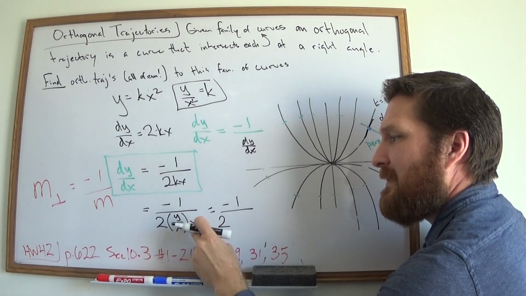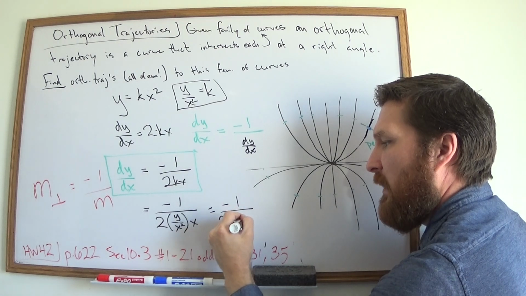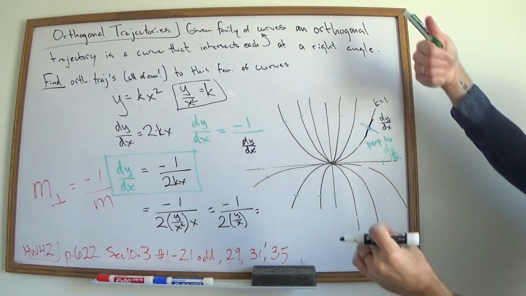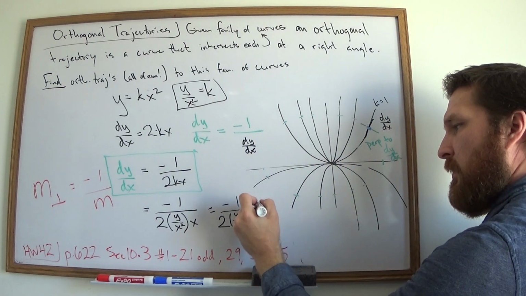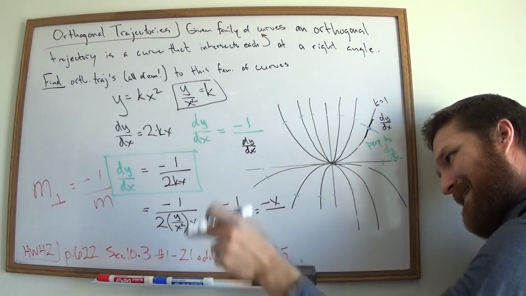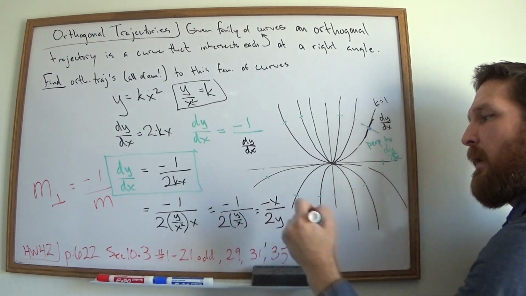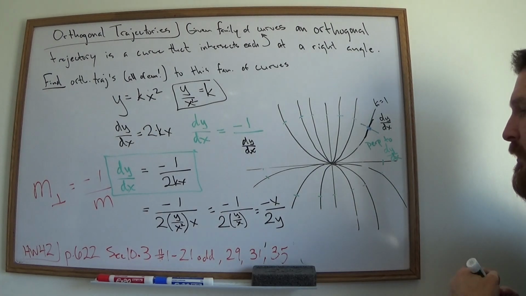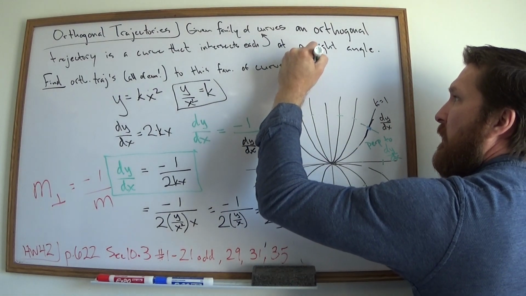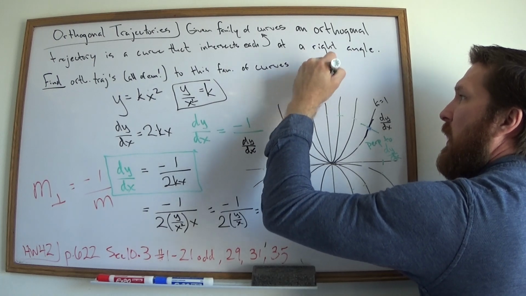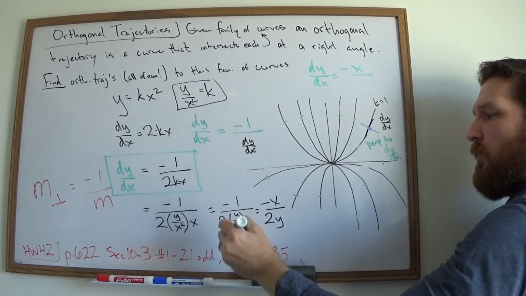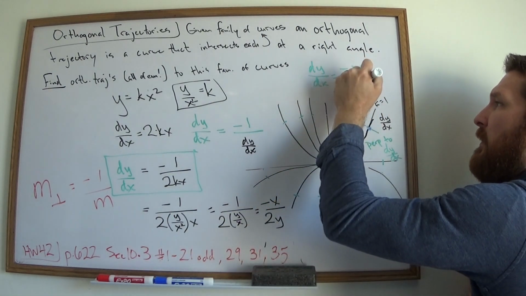One of those x's cancels, and we have y over x, which I could rewrite with the x going into the numerator and the y staying in the denominator, 2y, like that. Okay, so let me get that up here. The functions that we want have dy dx of the form negative x over 2y.